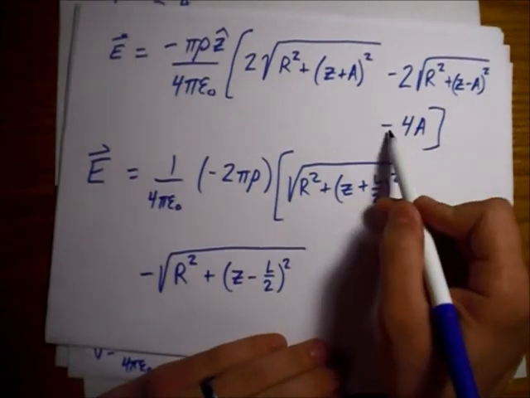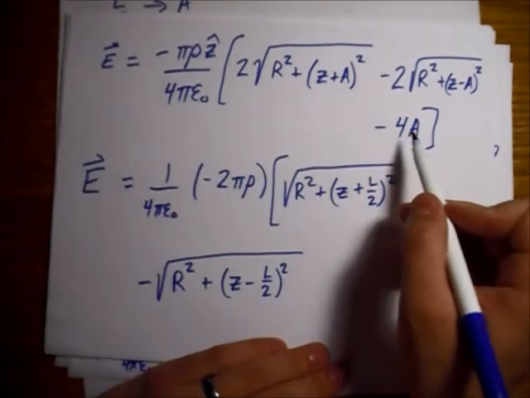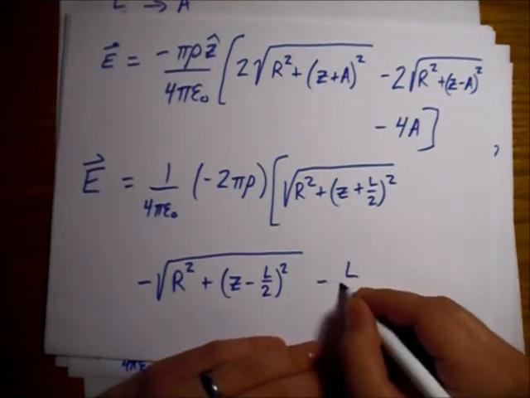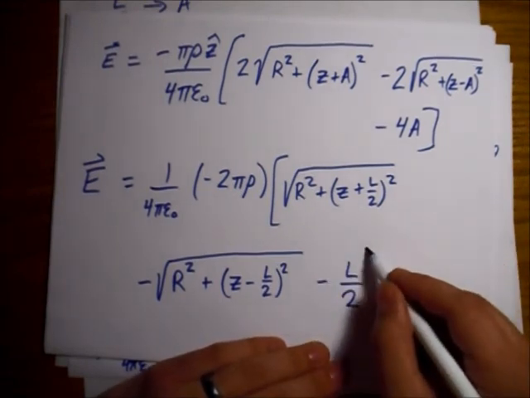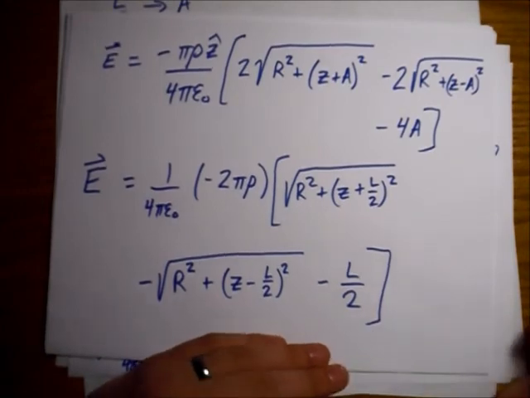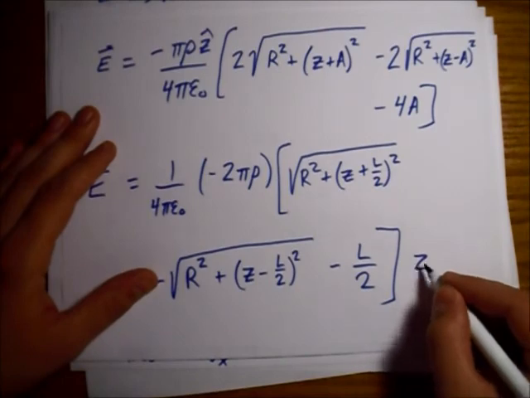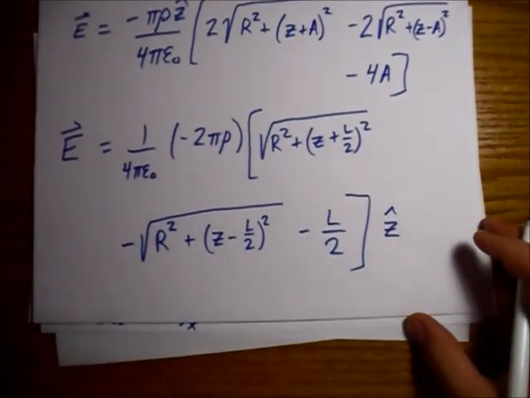Okay, and then we factored out a 2, so this is minus 2a now, so that's a minus L over 2. Minus L over 2. All right. So here's our answer. We need our z hat vector as well.